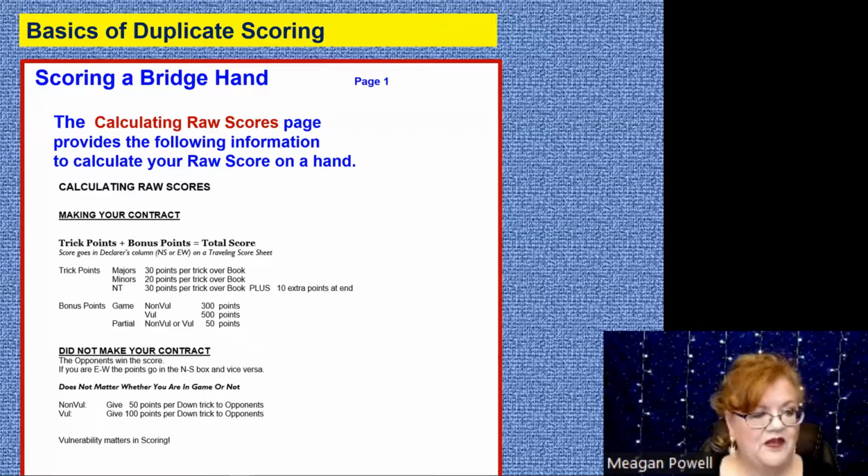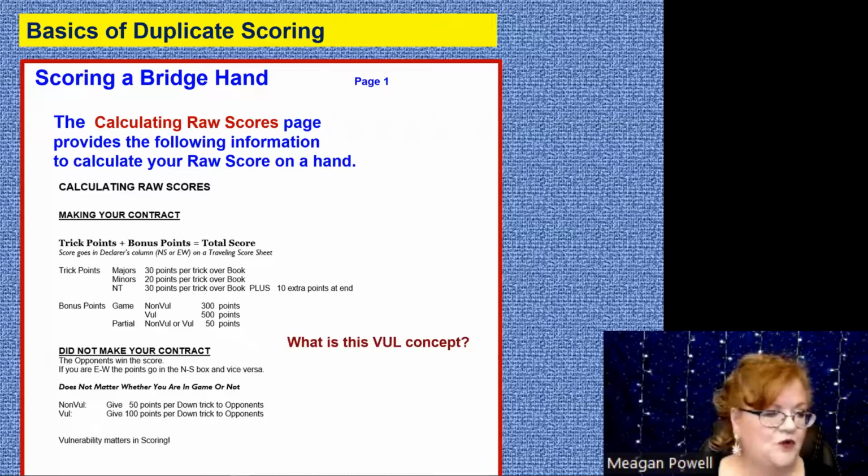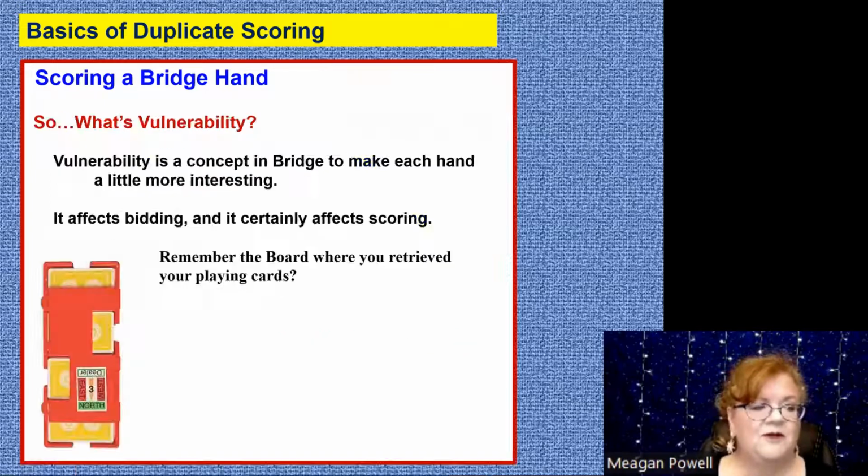All right. Now, another thing you see on page 1 is you see the word vul in a lot of different places. You see it up top, you see it down the bottom. So I want to talk a little bit about vulnerability. All right. So let's talk about vulnerability. What is it? Let's go back to that board I showed you earlier. The orange board has cards in it, has a label on it.